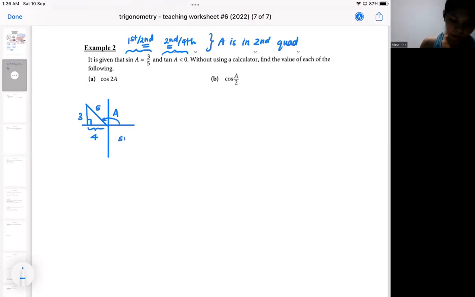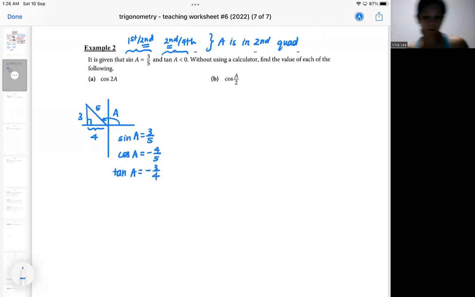Write out all the ratios. Remember this is the second quadrant. Sine is positive. The rest are all negative. So get all your fractions ready so that you don't make careless mistakes later on. So anyway, this is the method mark.